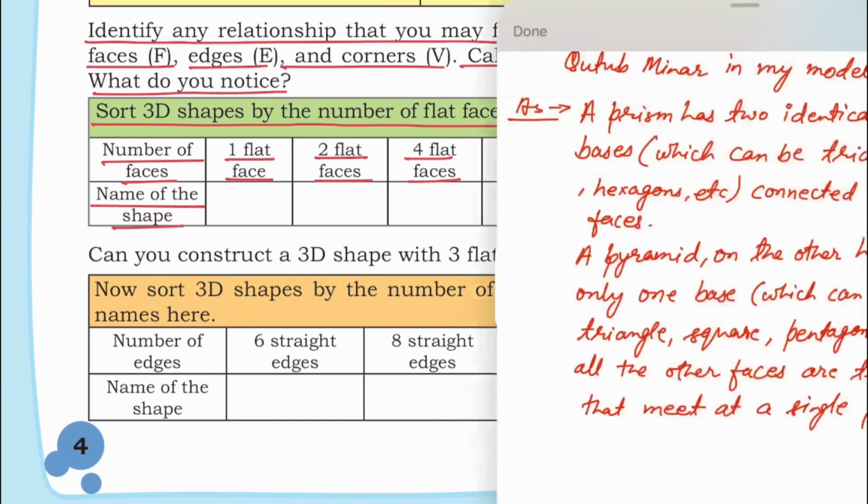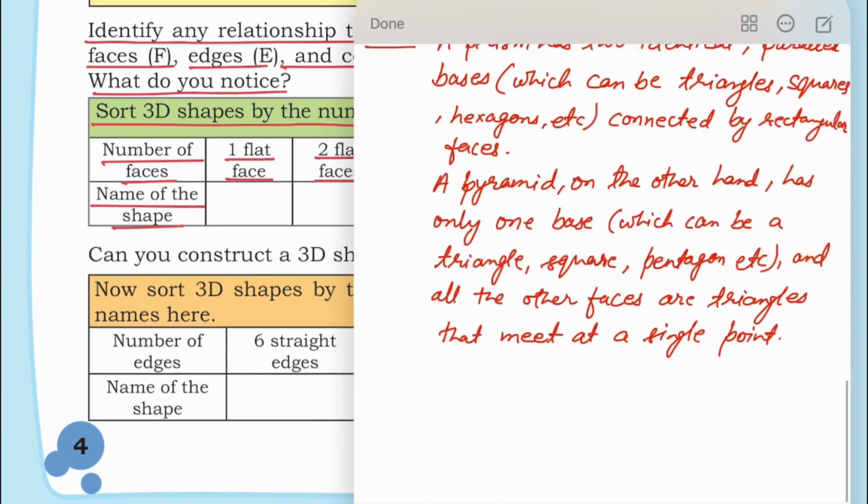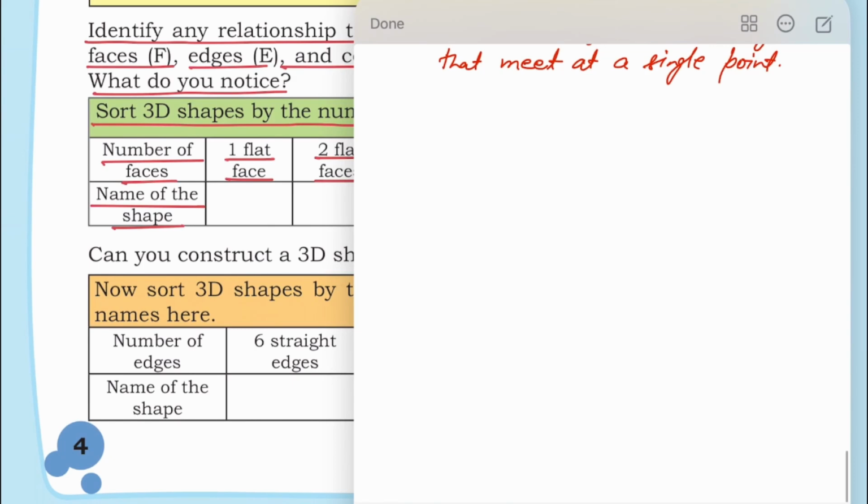Let's draw and write. Number of faces, shape, name of the shape.